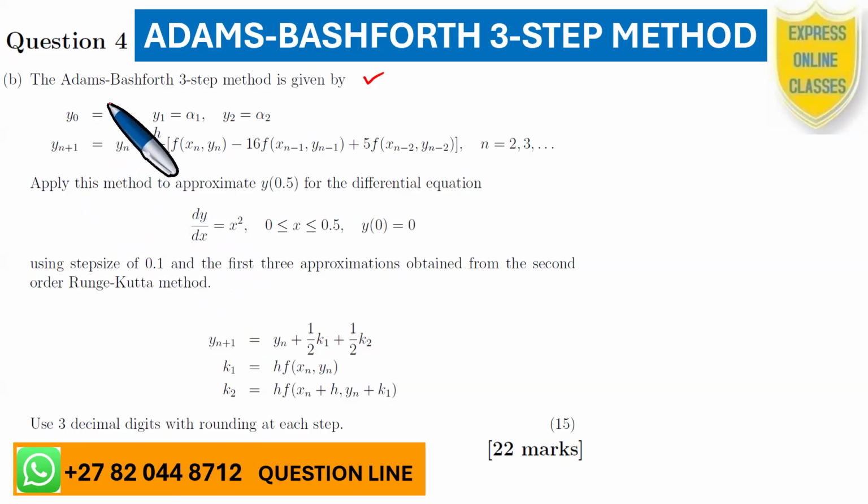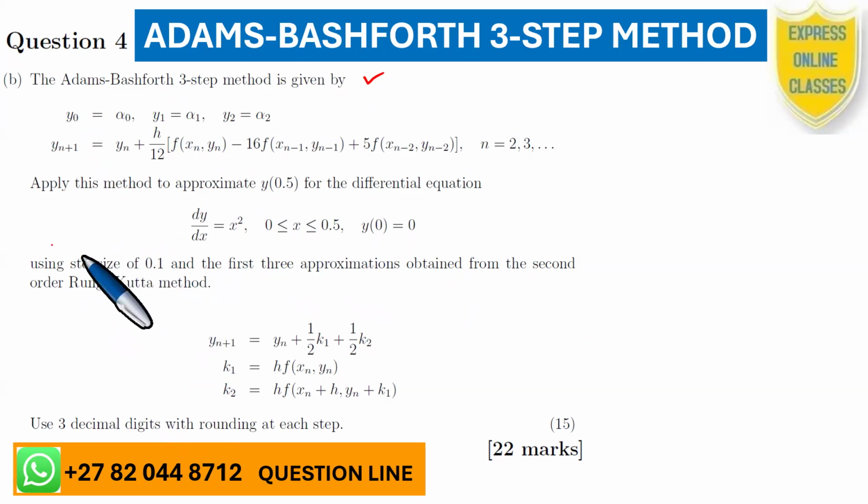For instance, the Adams-Bashforth three-step method is given by y sub 0 is alpha sub 0, y sub 1 is alpha sub 1, y sub 2 is alpha sub 2, y sub n plus 1 is y sub n, etc. Apply this method to approximate y at 0.5 for the differential equation dy/dx equals x squared, where x lies between 0 and 0.5, with y(0) equal to 0, using a step size of 0.1.